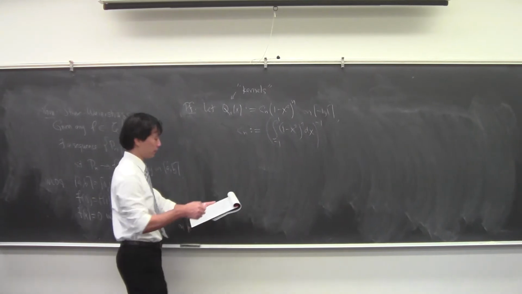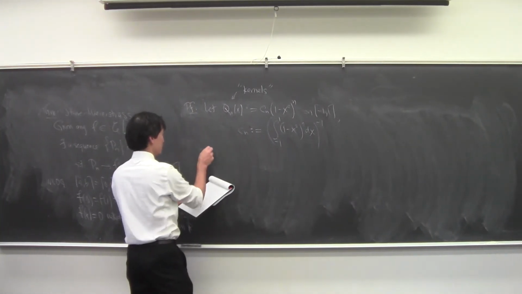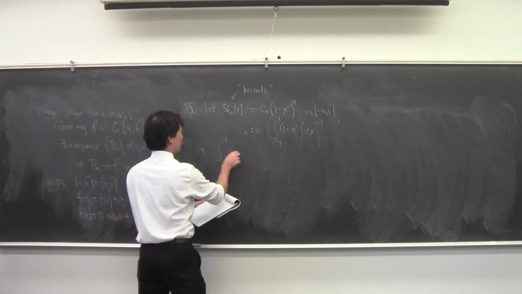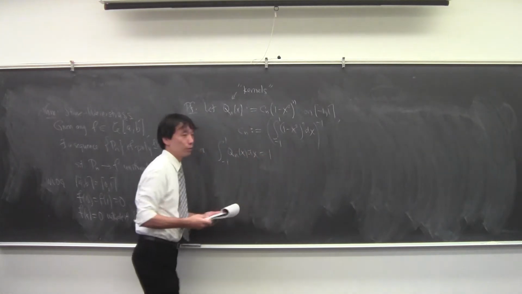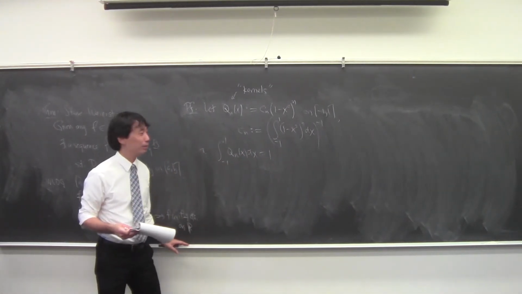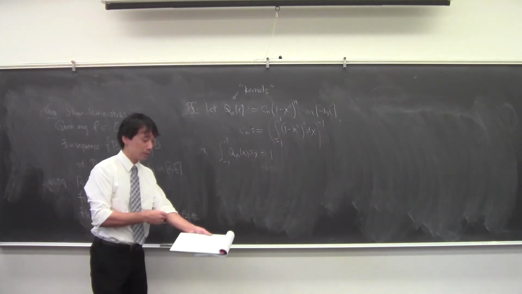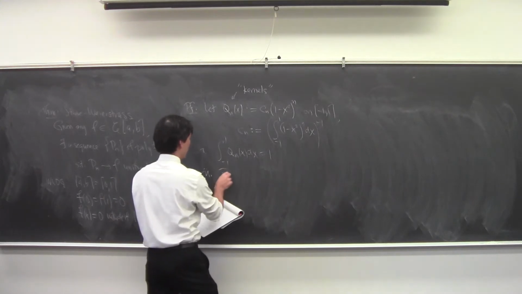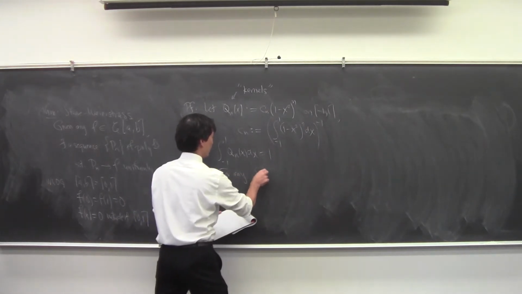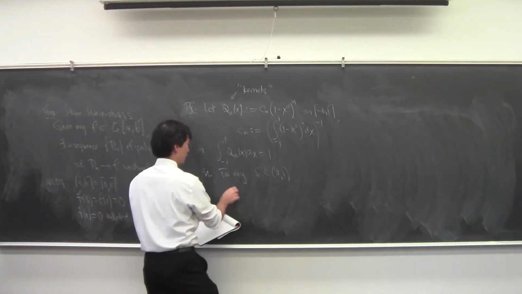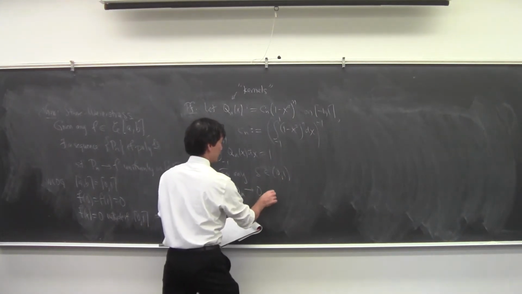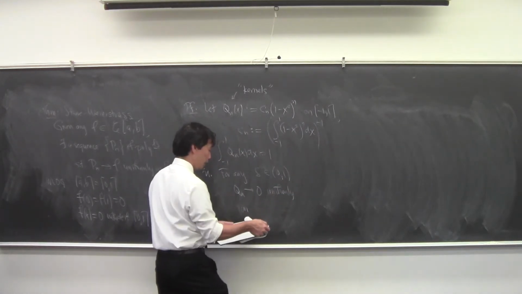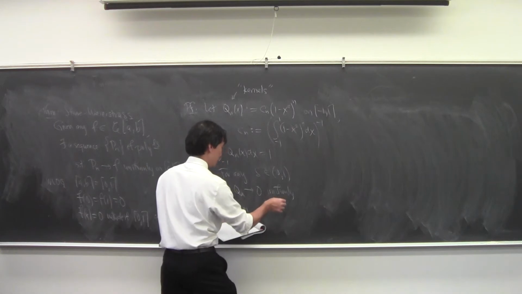Just for completeness, let me reiterate it. One, the integral of each of the q sub n's was 1, of course, and you'll see why that's key in a second. And two, for any lambda between 0 and 1, q sub n converges to 0 uniformly outside of the delta neighborhood of 0.